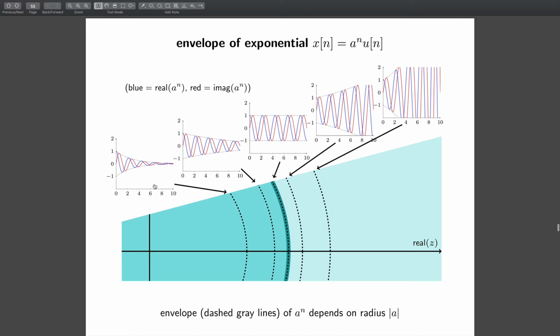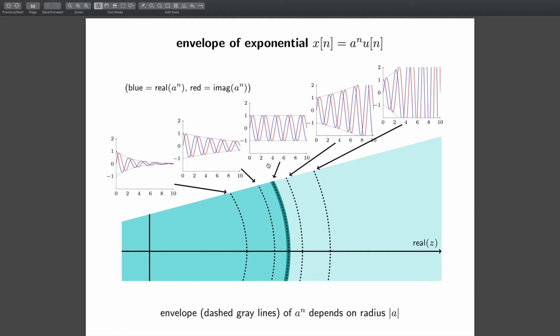Now, think of the magnitude of a as being the radius of a circle on which the value of a lies. If that radius is small, then we have a quick decay of the envelope. As the radius gets larger, the decay of the envelope of that signal slows down.